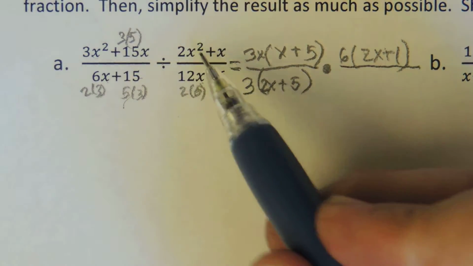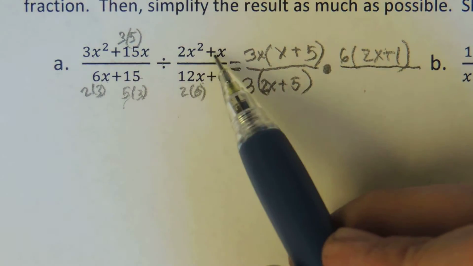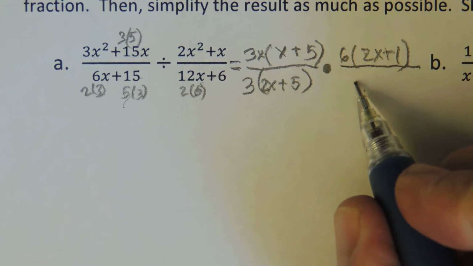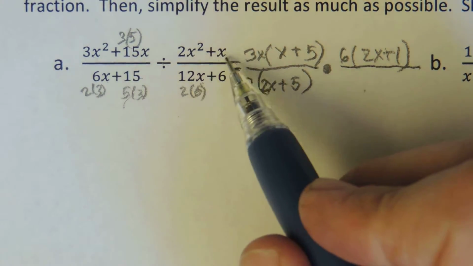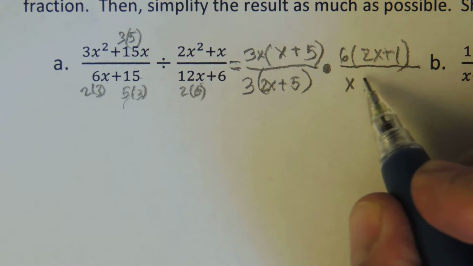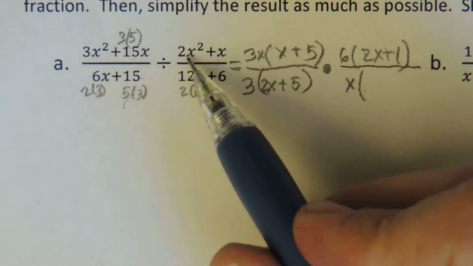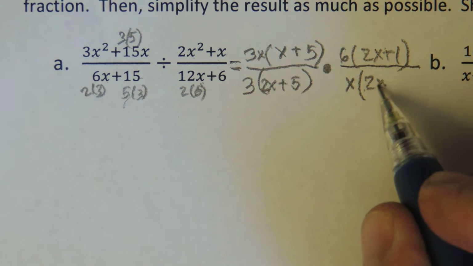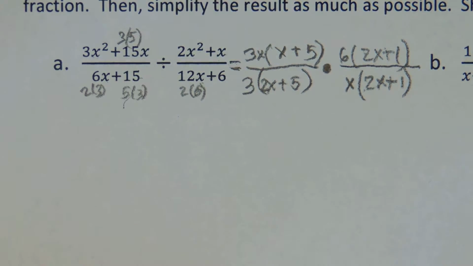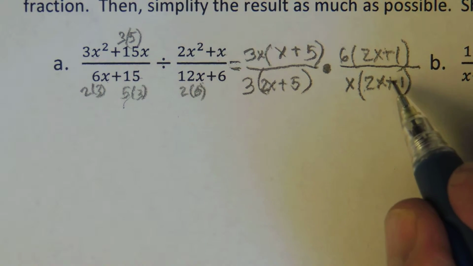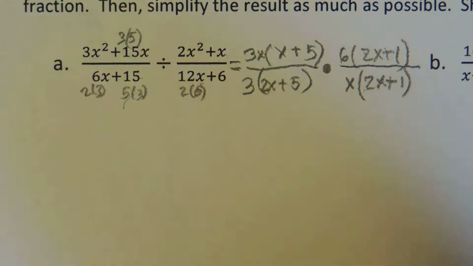I'll factor this one and put it in the denominator. I have my 2, but I have no 2 here. So the only thing in common is an x. So I have x times 2x plus 1. And you can start to see I can cancel a few things. 2x plus 1 and 2x plus 1.